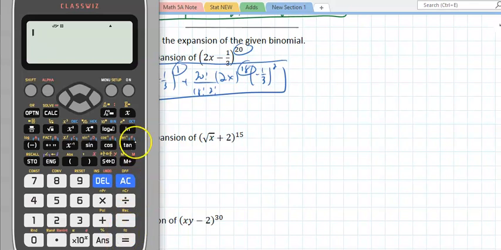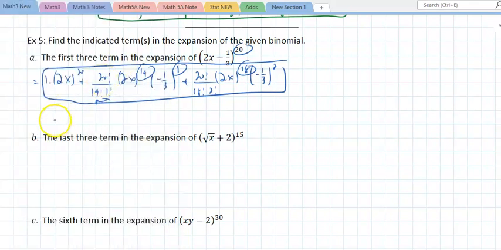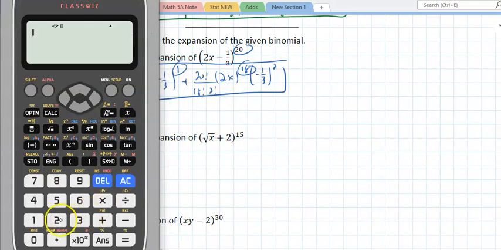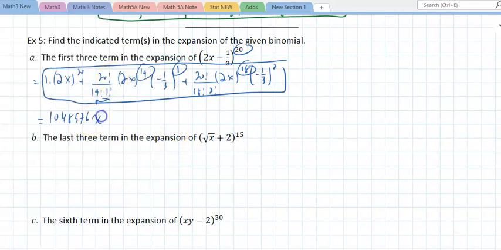1048576. x to the 20 plus, isn't this 20 times 19 factorial?